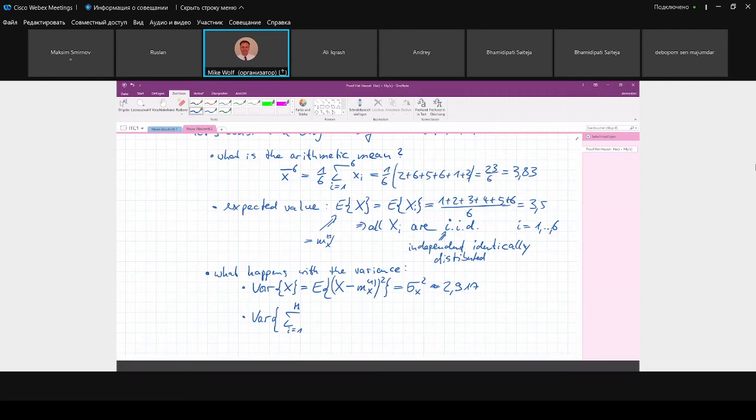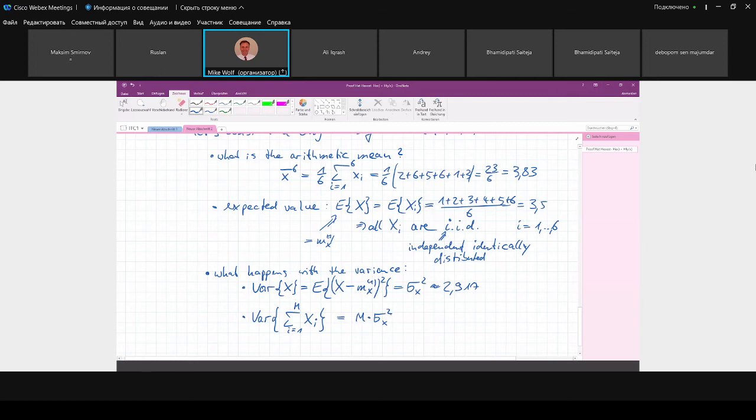So we use capital M dice throws and sum up the results, and take a look at the variance of this result. And this is just M times the individual variance, which is M times sigma x squared.